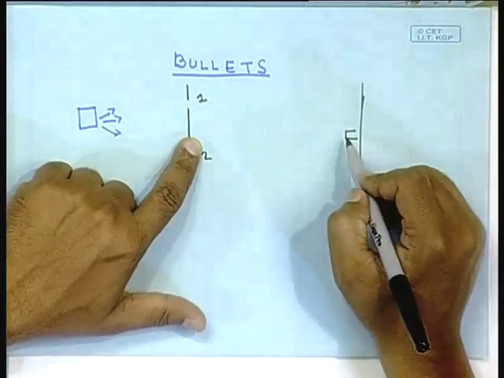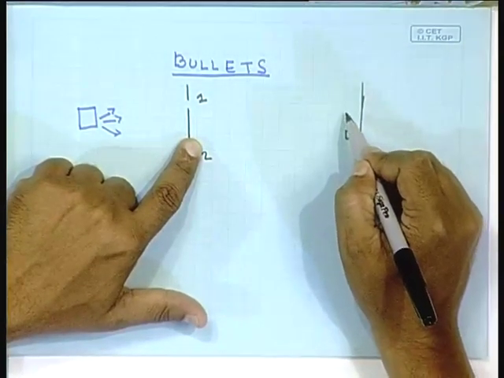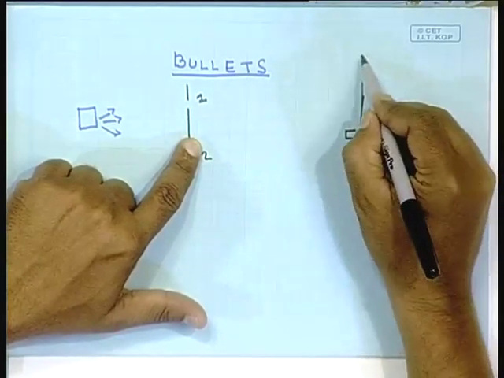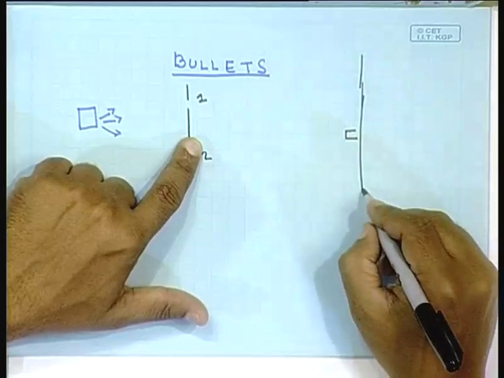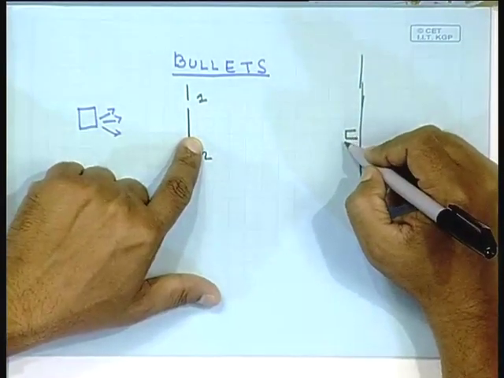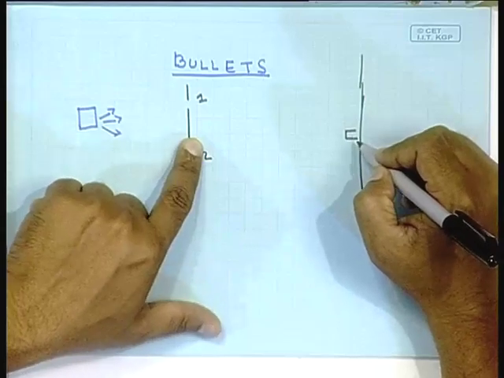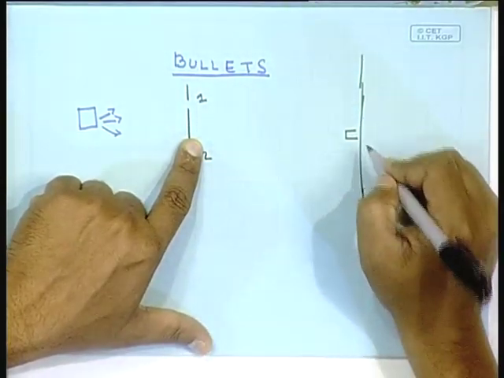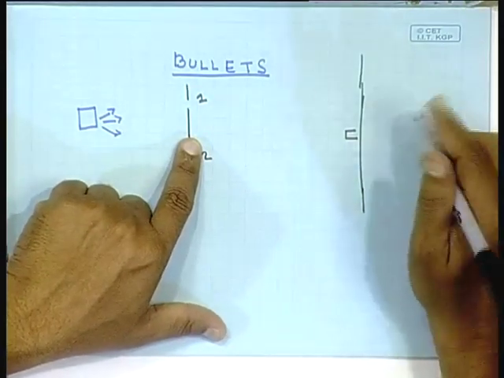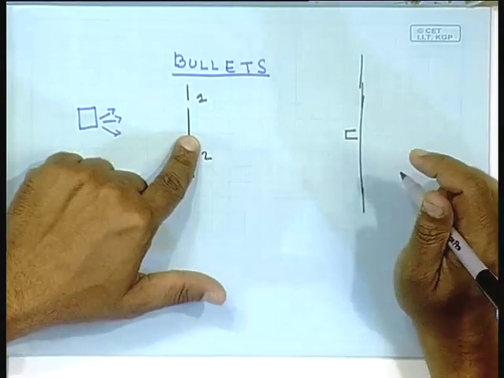I can now move the detector to different points on this screen, and I can count how many bullets come and hit that particular point in a given time interval. The bullet count is always going to be an integer. We never are going to receive half a bullet.